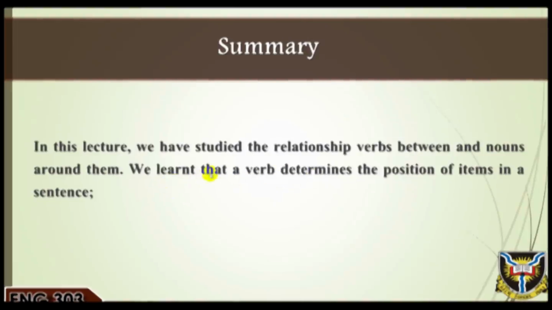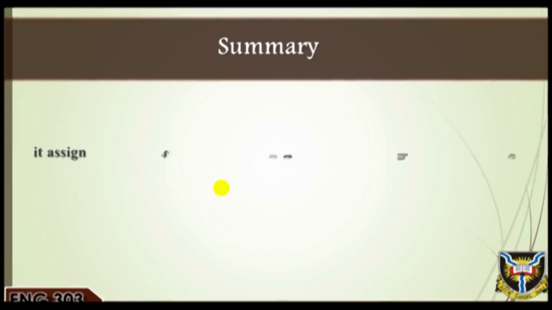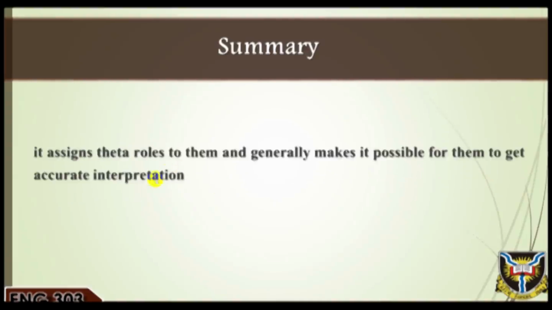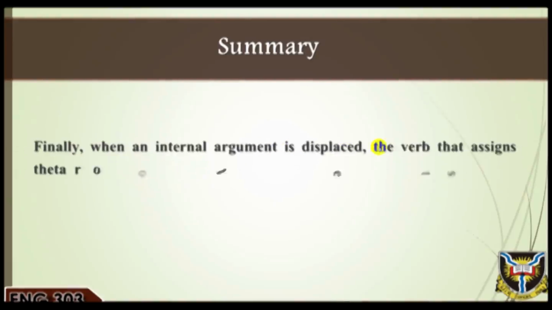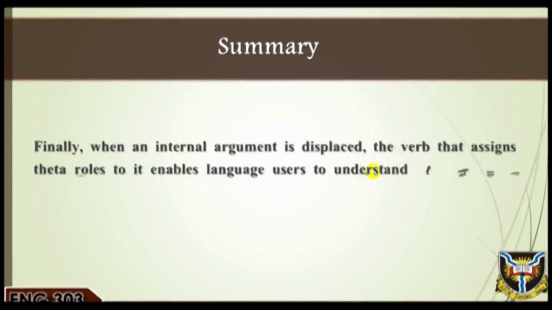It assigns theta roles to them and generally makes it possible for them to get accurate interpretation. Finally, when an internal argument is displaced, the verb that assigns theta roles to it enables language users to understand that there is a residue or trace of movement there.